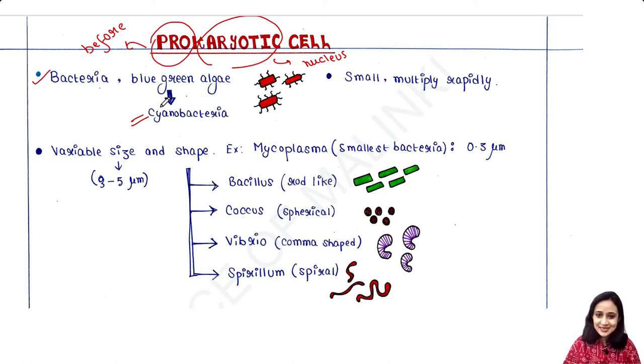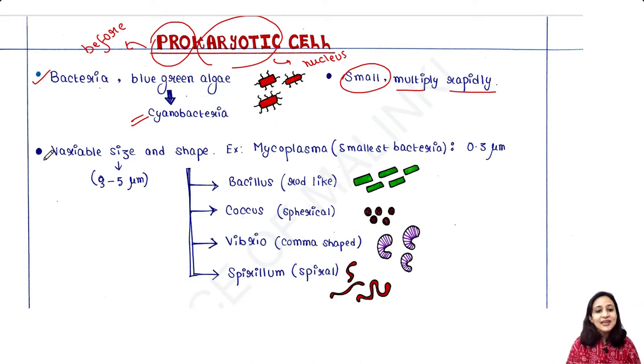These cells are smaller and they multiply rapidly. That means cell division takes place rapidly compared to eukaryotic cells. And these cells are smaller than eukaryotic cells.